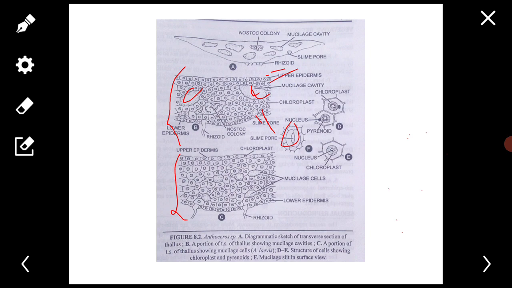The Nostoc-Anthoceros association is therefore regarded as a highly specialized form of symbiosis.